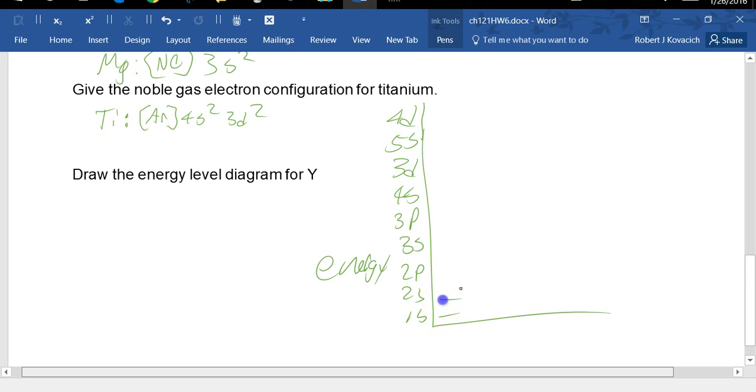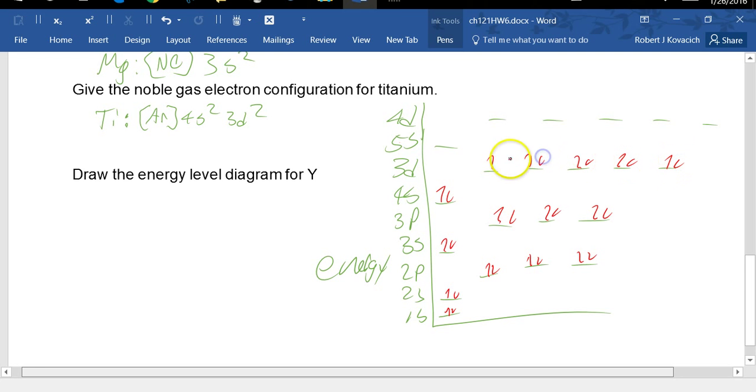Filling in the electrons orbital by orbital, if you added all these up, they'd add up to 39 electrons.